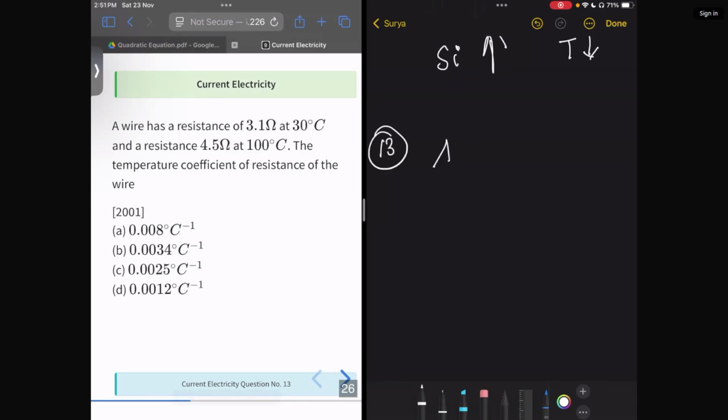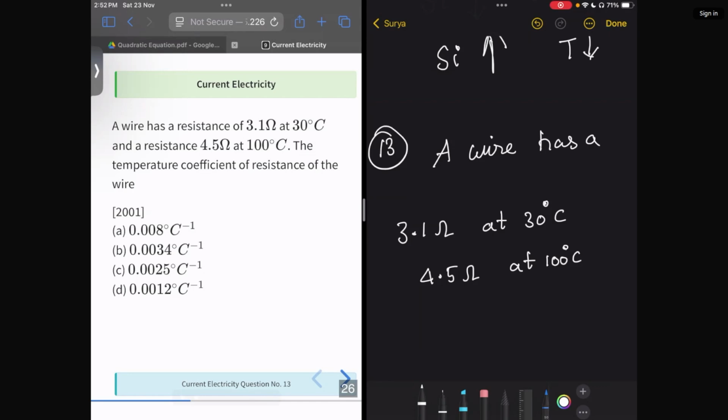A wire has a resistance of 3.1 ohm at 30 degrees centigrade and resistance 4.5 ohm at 100 degrees centigrade.